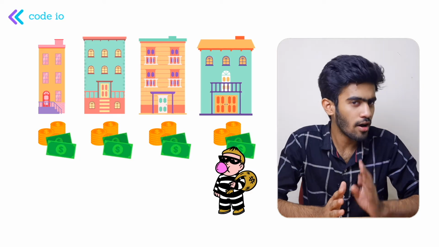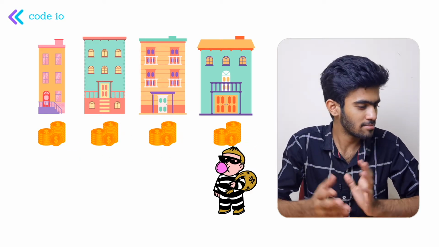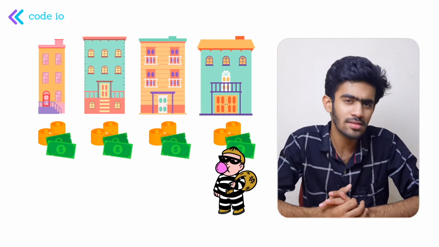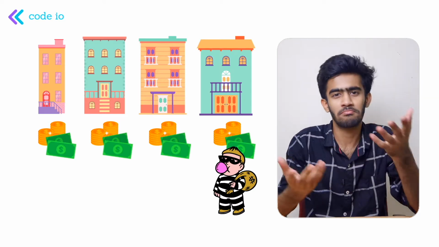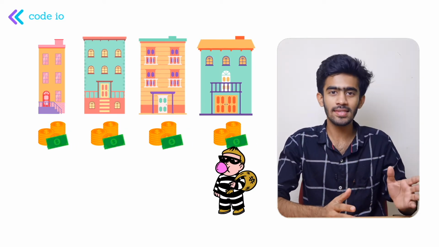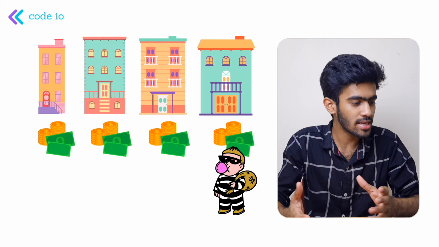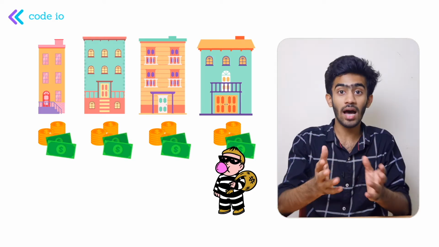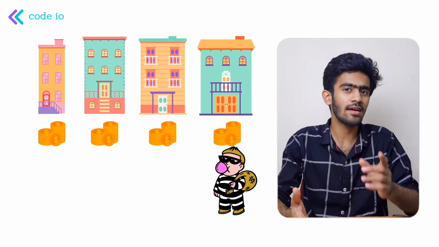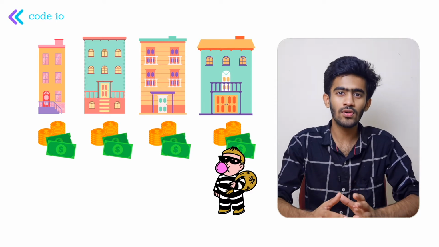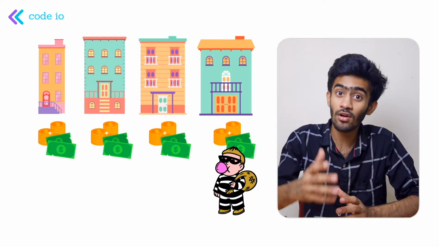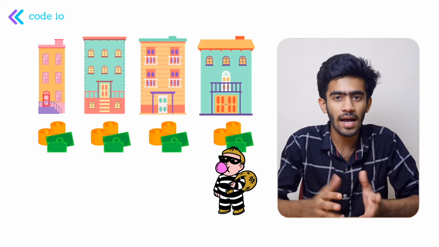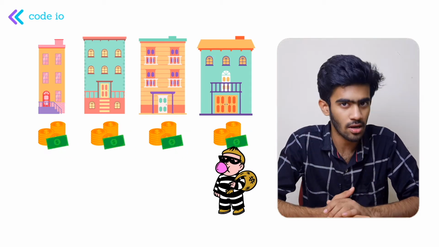So here we have 4 houses, and there is a certain amount of money in each house. Let us assume that to be 10 rupees. So in this case, each house has 10 units of money, and there are 4 houses. So our thief here starts to steal from the first house. He will not steal from the adjacent house, that is in this case the second house.